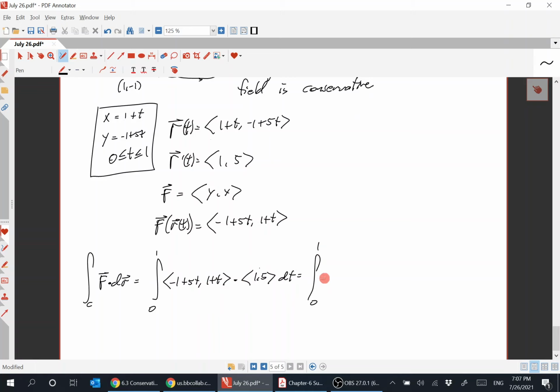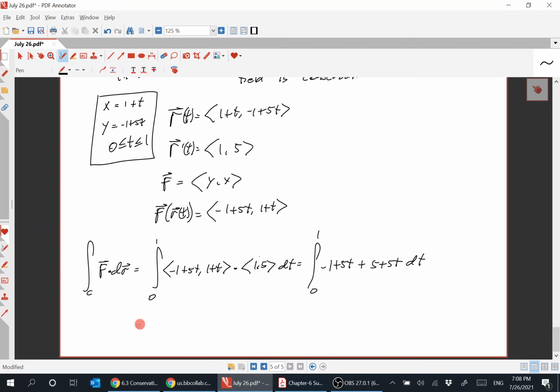Doing the dot product, it's minus 1 plus 5t plus 5 plus 5t dt. So that gives you the integral from 0 to 1 of 10t plus 4 dt. The antiderivative is 5t squared plus 4t from 0 to 1. So 5 plus 4 minus 0 is 9.